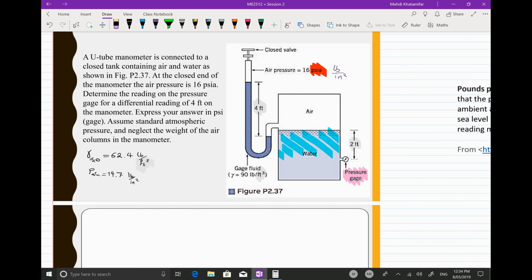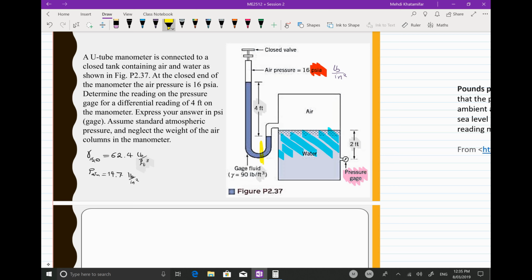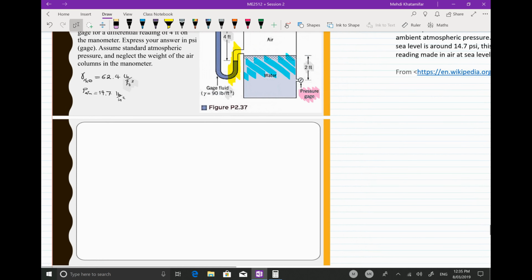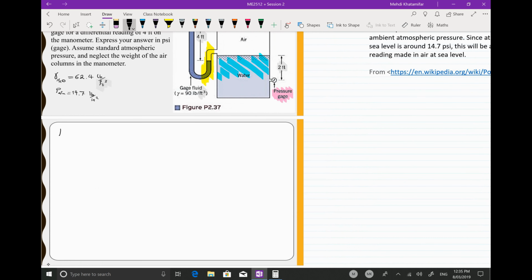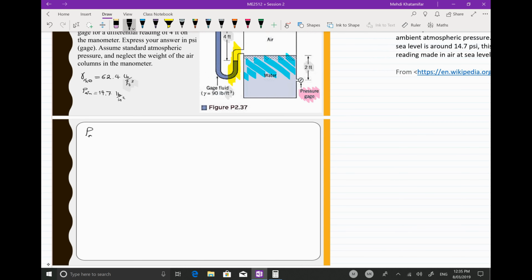First, let's read the right side of the manometer. Let me show you. This is the right side of the manometer, the yellow part. Let's read it. It starts with air pressure, pressure of air, which I don't know, plus what else do we have on the right?